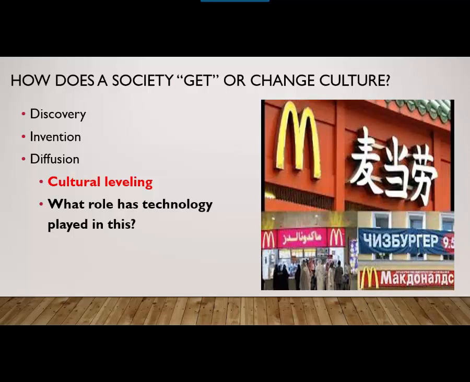And when you think about cultural leveling, there can be some real advantages, but there also can be some real disadvantages, as some elements of what made other societies' cultures unique are becoming lost, and as they're being replaced by, we all wear blue jeans and Nikes, and we eat at McDonald's and we drink Starbucks coffee. We all partake in a lot of the same media, whether it's hip hop music or Marvel movies.